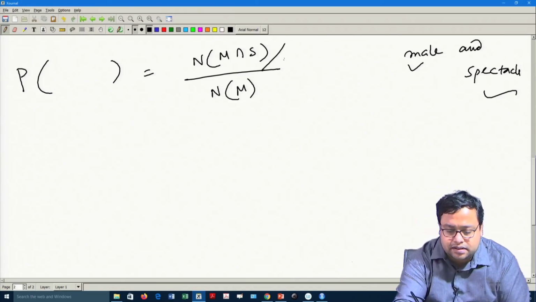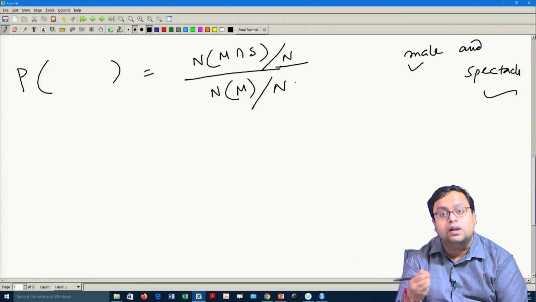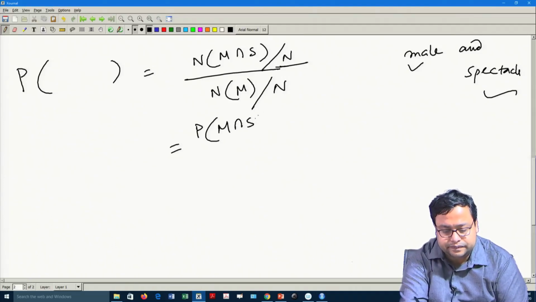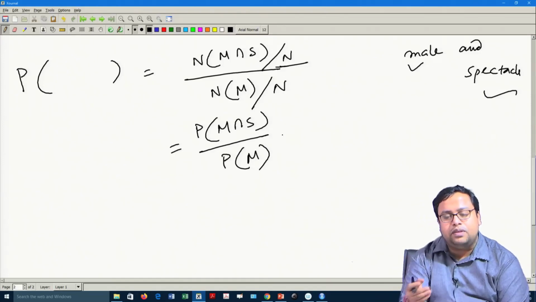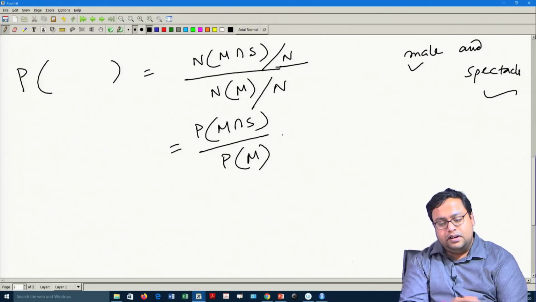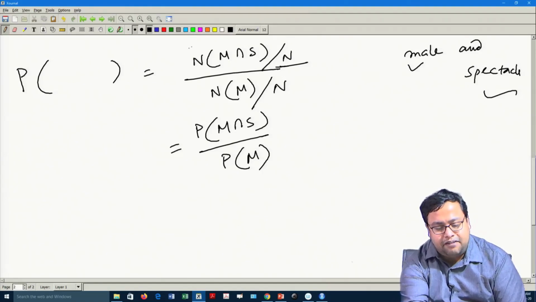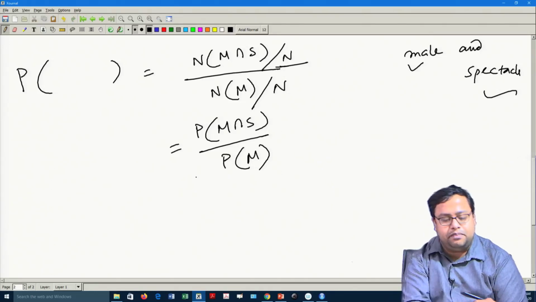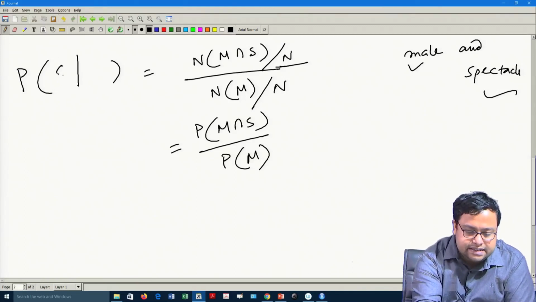Now, if I divide both the numerator and the denominator by 13, which is the total number of persons, then it remains the same, because we divide both by the same value. So, the numerator becomes P of m and S and the denominator becomes P of m, and this whole part we call S given m.